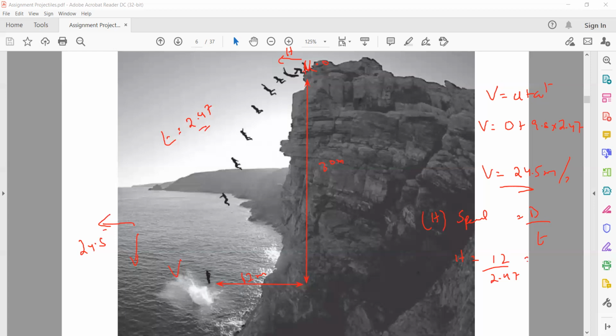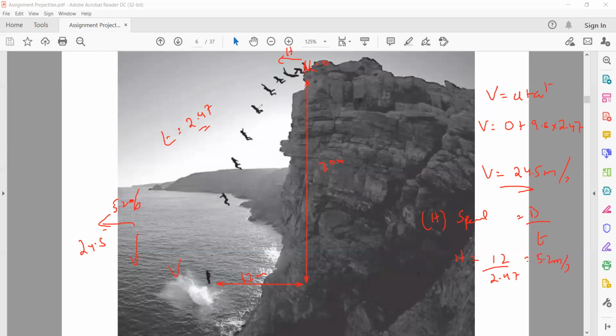So 12 divided by 2.47, that's the answer. 5.2 meter per second. That is equal to 5.2 meter per second.